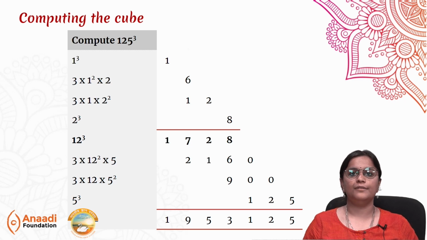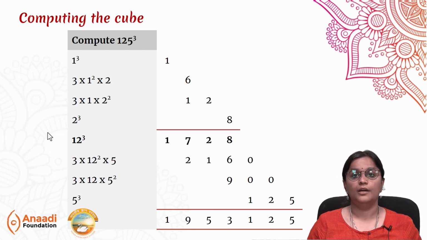Now, what do we do when we have 3-digit numbers or 4-digit numbers and so on? We first calculate the cube of 12 independently. Once we have calculated 12 cube, subsequently we will take 12 as our Antya and 5 as our Adi digit. Now, to find 125 cube, we start with the cube of our Antya, which is 12 cube, written here as 1728.